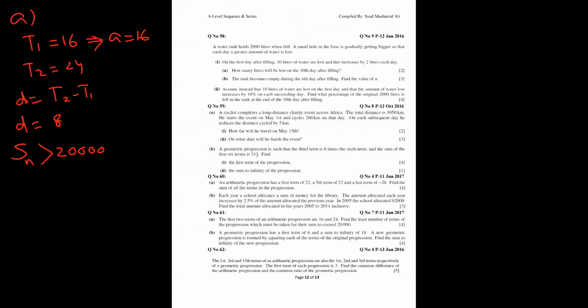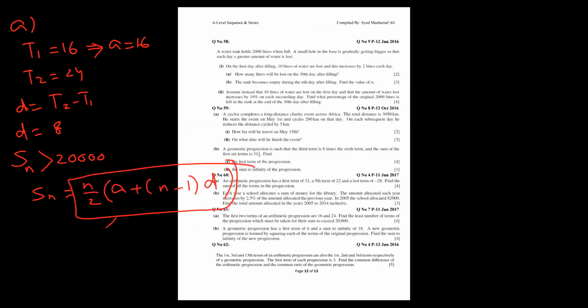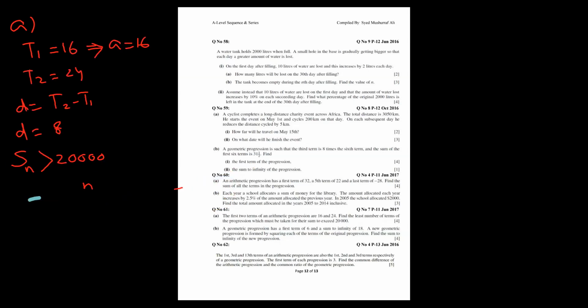Okay, according to the rule, what is the formula? We have Sn equals n by 2, 2a plus n minus 1 into d. This whole thing I'm going to replace on the left-hand side. Let's start.